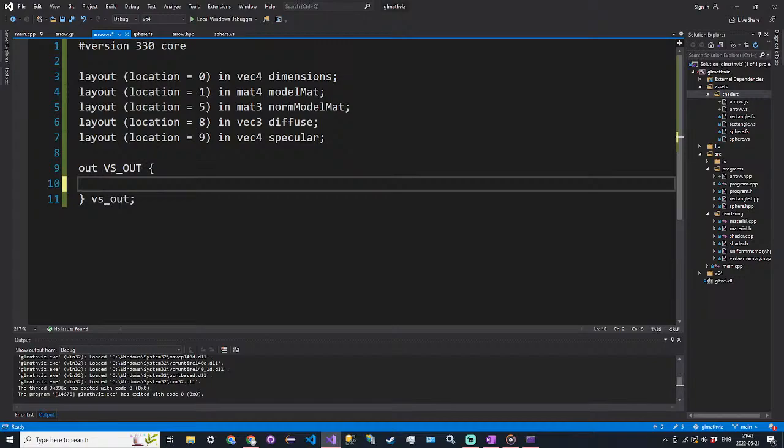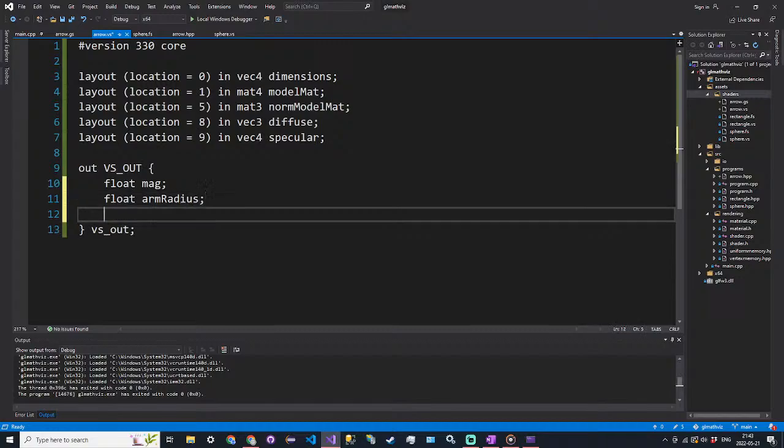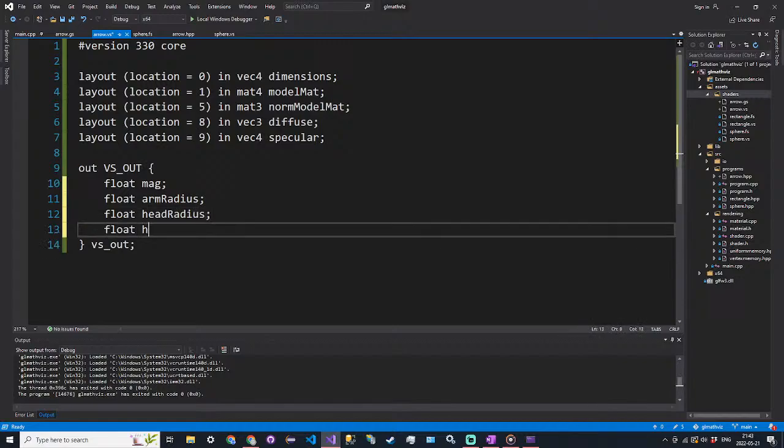The keywords in and out send stuff to the fragment shader. So we're going to have a float magnitude, and this will be the length of the arrow. Float radius, or arm radius. Then we have the float head radius, and then float head height.